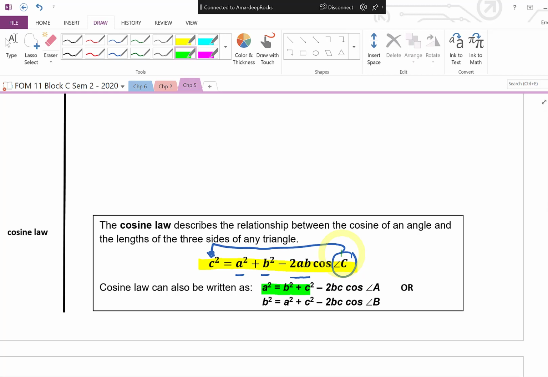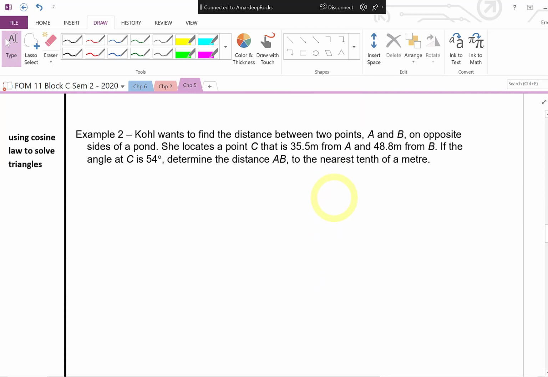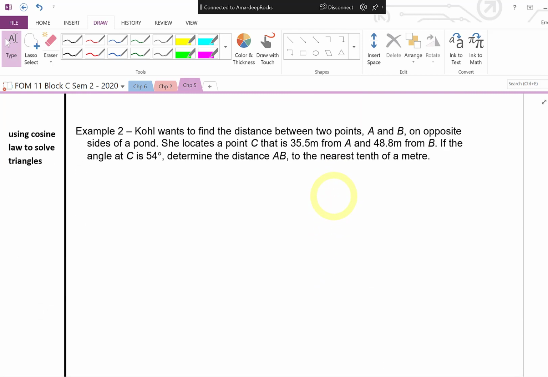Let's do example number 2. Says here, Cole wants to find the distance between 2 points A and B on opposite sides of a pond. She locates a point C that is 35.5 meters from A and 48.8 meters from B. If the angle at C is 54 degrees, determine the distance AB to the nearest meter.